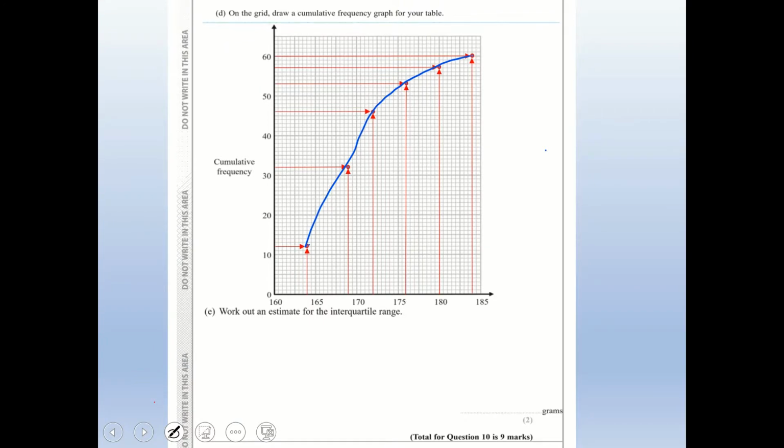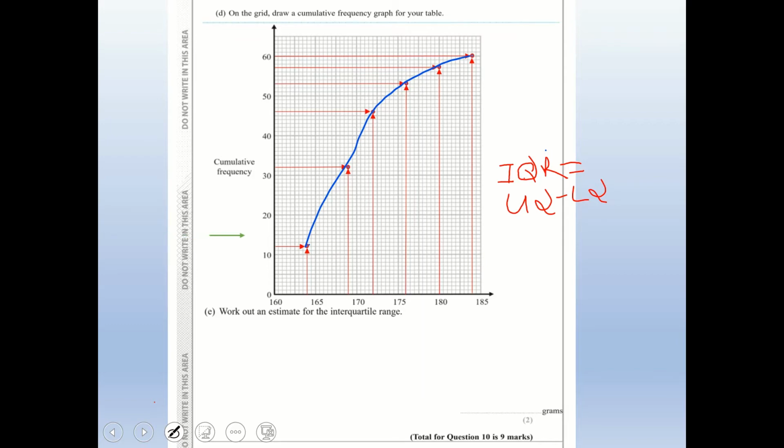Okay, let's continue the graph journey with question 10 part E. Work out an estimate for the interquartile range. The interquartile range is the difference between the upper quartile and the lower quartile. We will use the graph to find the lower and upper quartiles. First, to find the lower quartile from the graph, we have to go a quarter of the way up the y-axis.